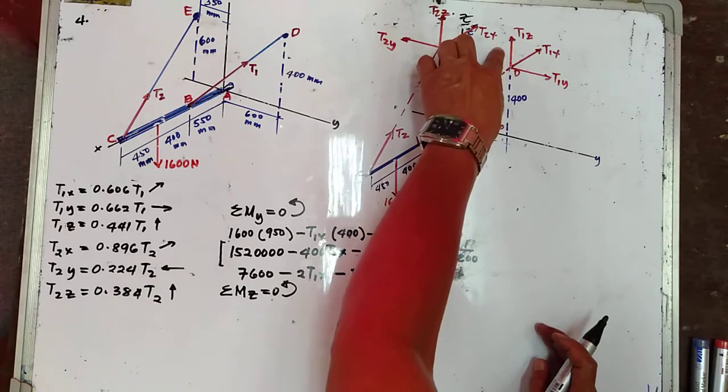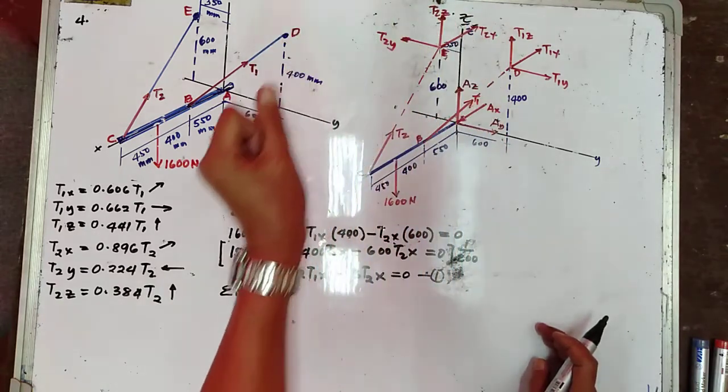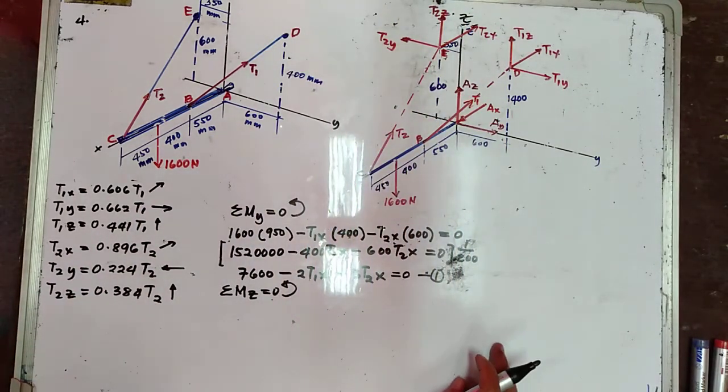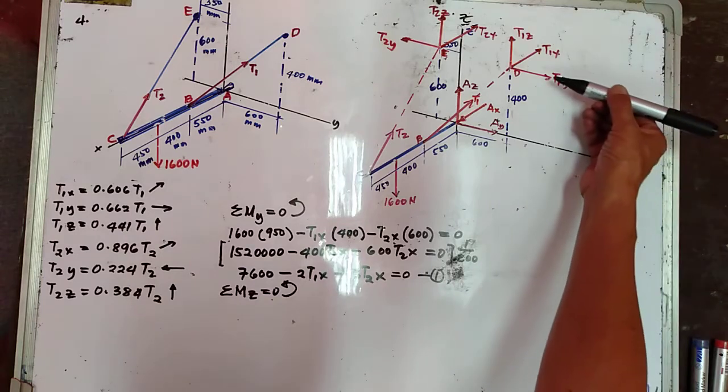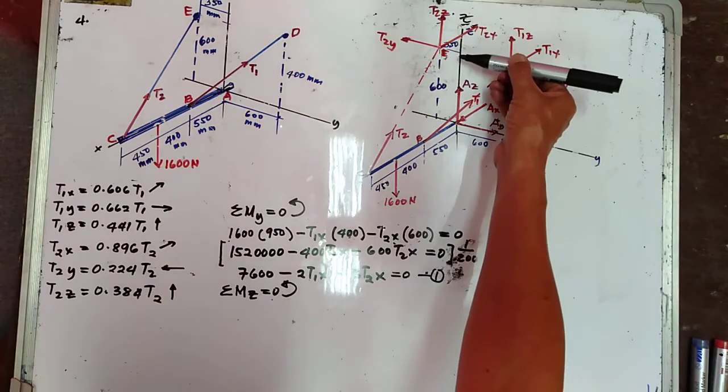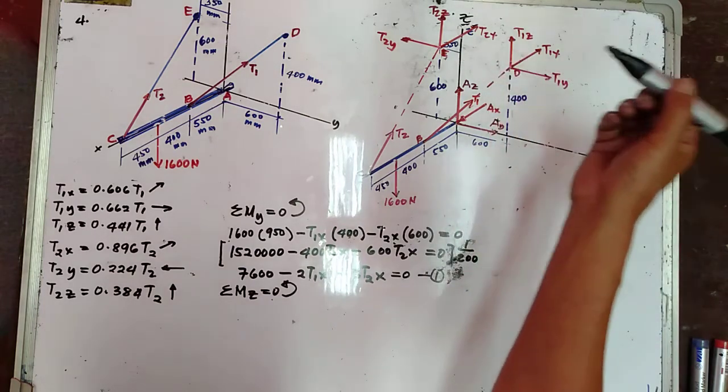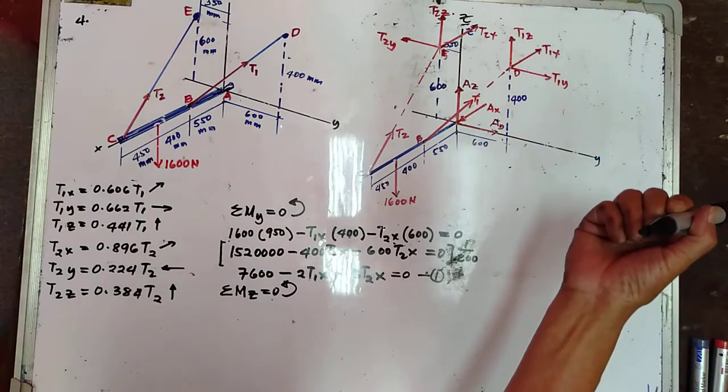T1Z is parallel, and therefore it has no moment. Your T1Y intersects the z-axis, hence it has no moment.